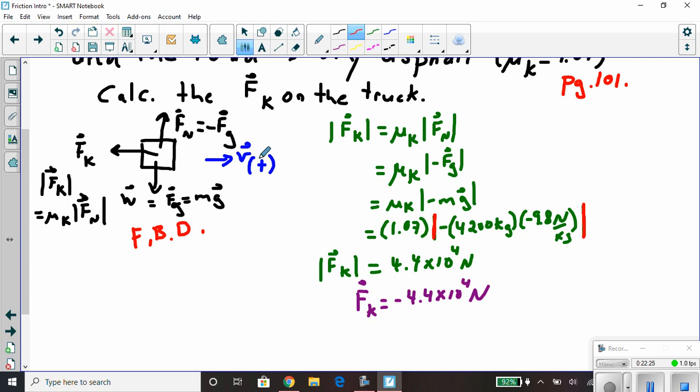We're going to say, as always, that that's the positive direction. So by default, the other direction is negative. So that means I can put in a negative sign here and say that the force of kinetic friction is negative 4.4 times 10 to the 4 newtons. I got that from the free body diagram.